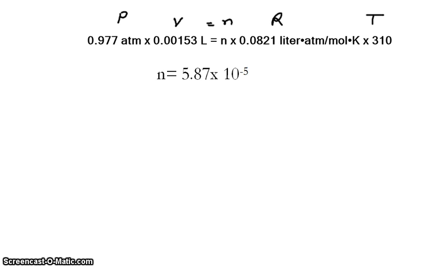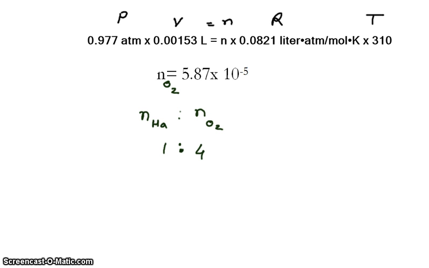Now using the stoichiometric ratio, we can find the number of moles of hemoglobin from this number of moles of oxygen. The stoichiometric ratio we have been given is number of moles of hemoglobin to number of moles of oxygen equal to 1:4. And in this case, the number of moles of oxygen is given, that is 5.87 × 10^-5.